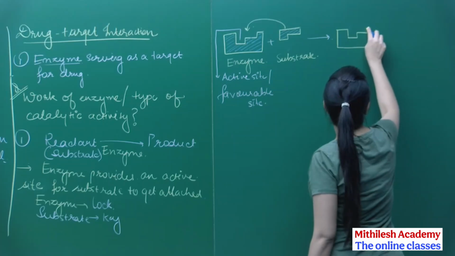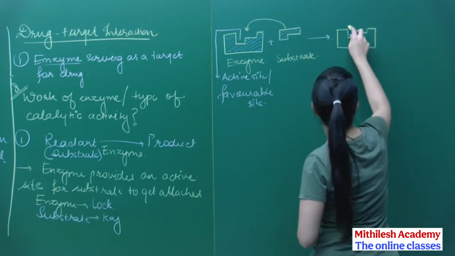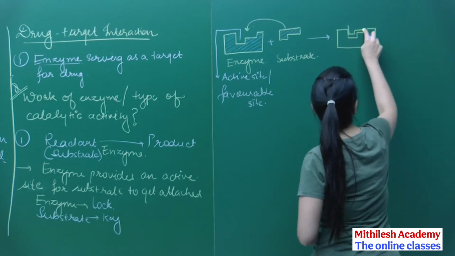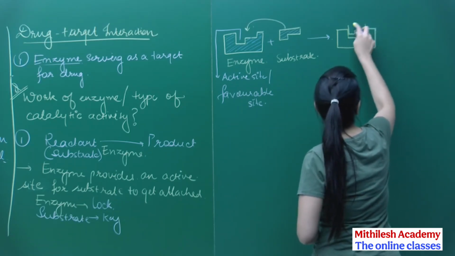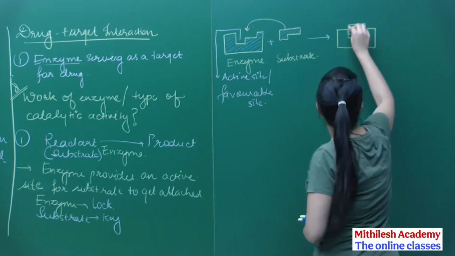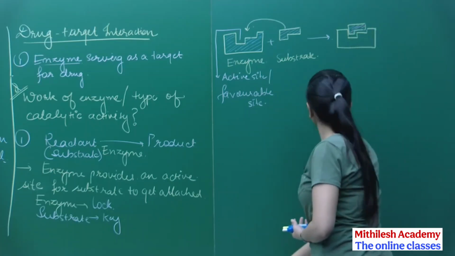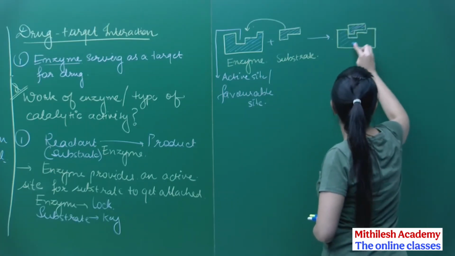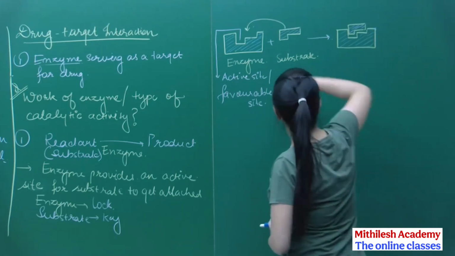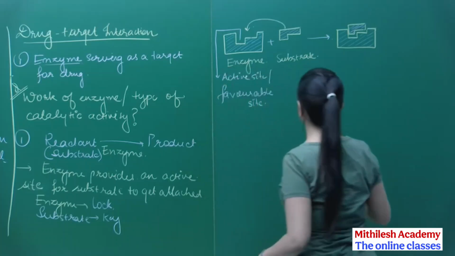Let me just draw that properly in order to show you. So that is how the two attachments will be. It is now trying to get in, it is now trying to fit in. This is the substrate here. So that is how it is going to fit in, like that. So that is how the substrate is coming on to the active site. I hope that is very well clear to you.